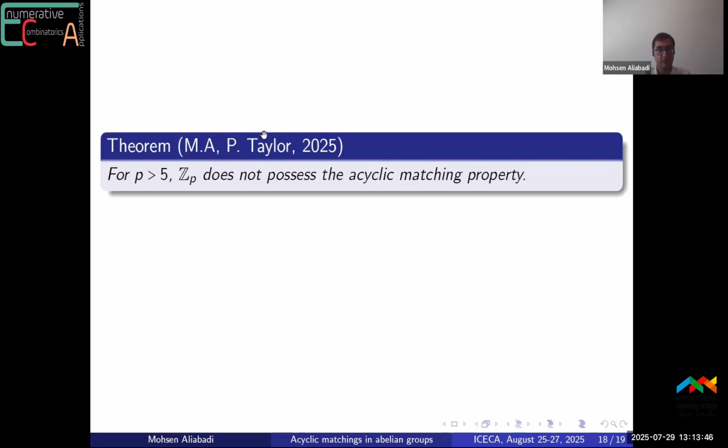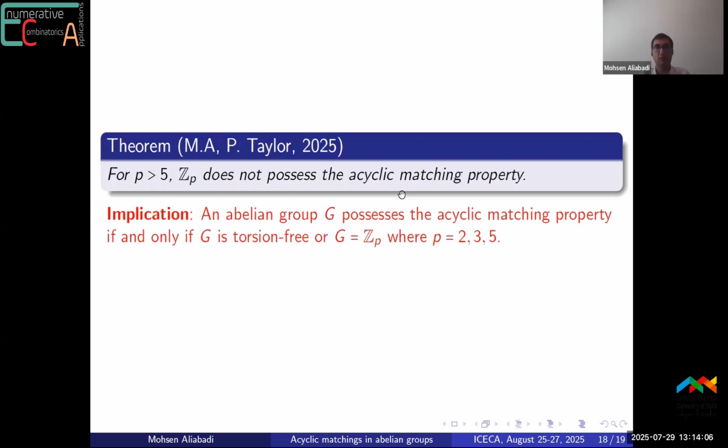And again, very, very recently, together with Taylor, we proved that the cyclic group of prime order, Z_p, does not have the acyclic matching property. So this, together with Losonczy's theorem about the matching property, gives a complete characterization of the acyclic matching property in the context of abelian groups.